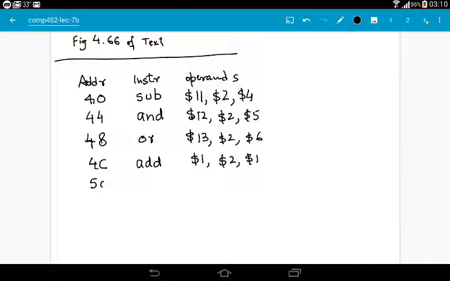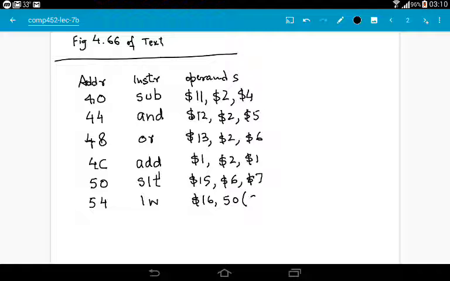Then at address 50 we have SLT, 15, 6, 7, and at 54 we have a load word, 16, 50 and 7. Now this is the instruction sequence that we are given.